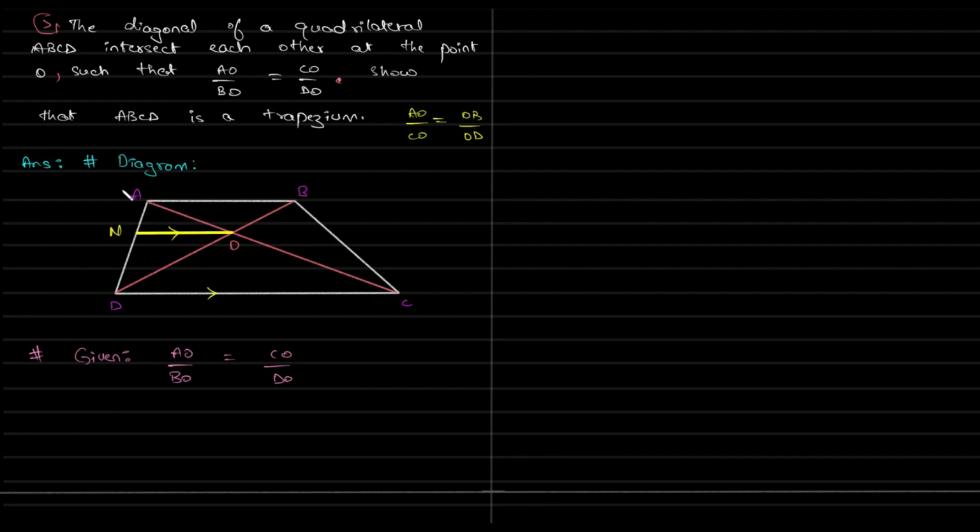Okay, so we rearranged it. So let us show that it's rearranged. AO by OC is equal to BO by DO. We will call this equation 1. And to prove, ABCD is a trapezium. So indirectly, we're trying to prove AB is parallel to DC.